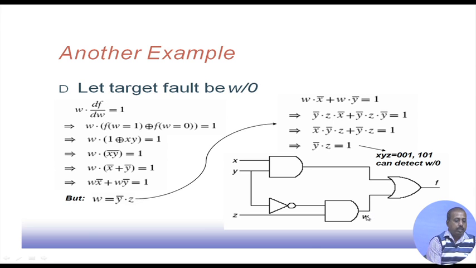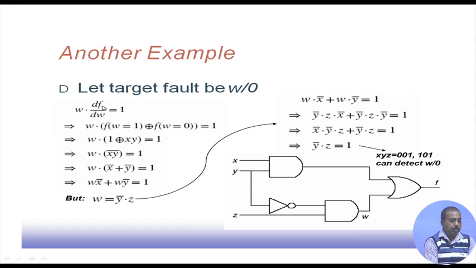For this internal line, again we need to satisfy the condition. We need to excite the fault by setting w to 1, because we are checking w stuck at 0. Then the propagation, which is df/dw, should be equal to 1. So w and df/dw, this whole thing should be equal to 1.